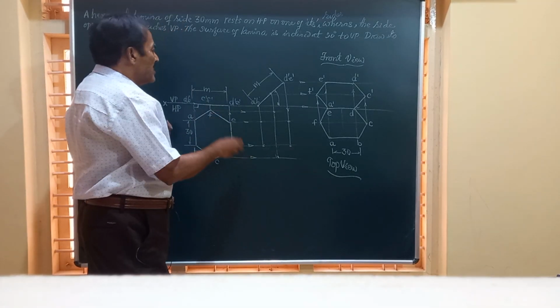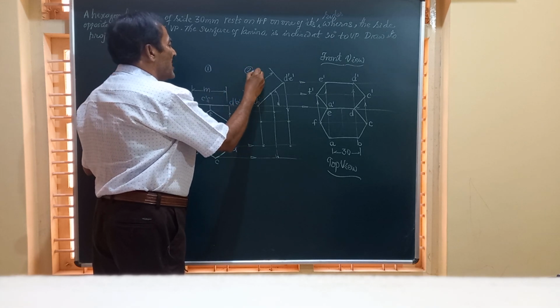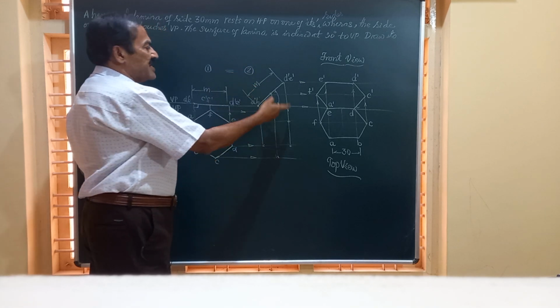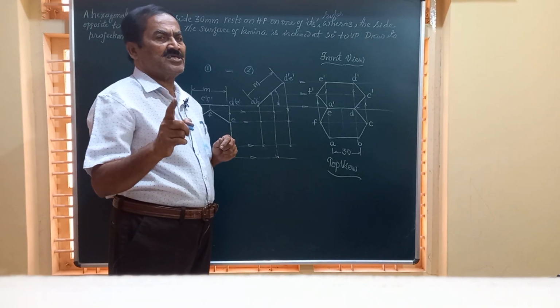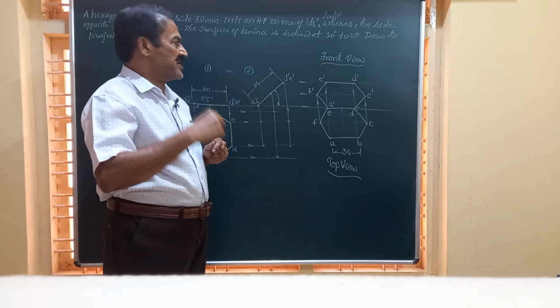We are going to redraw this figure number 1 as figure number 2, and these two figures are exactly identical, and this is valid even for the solids which are projected.